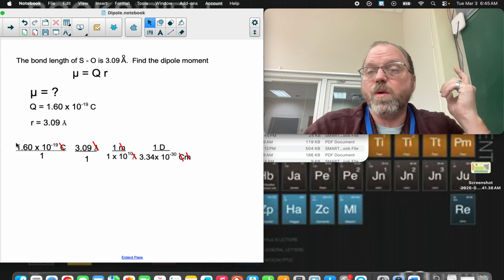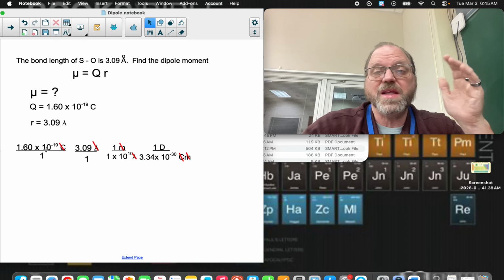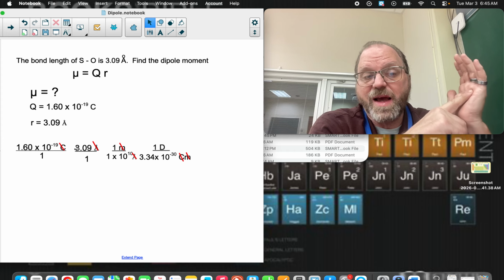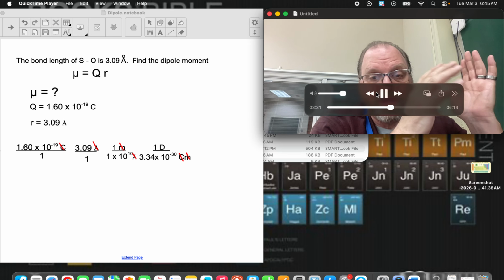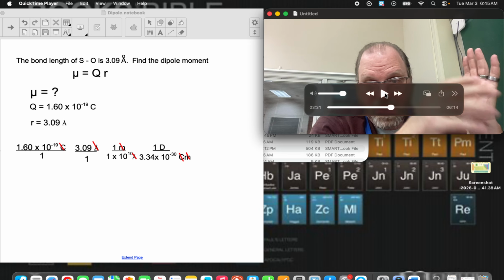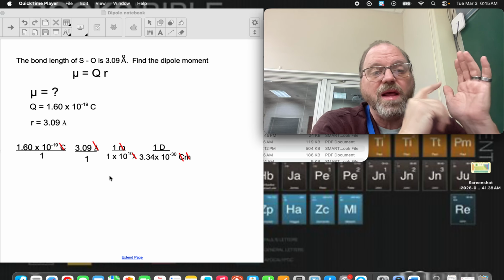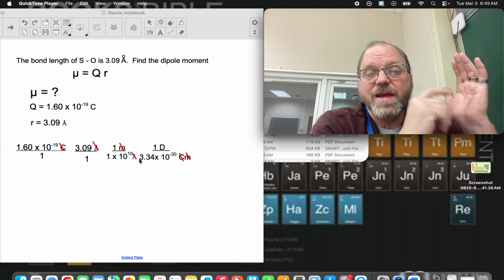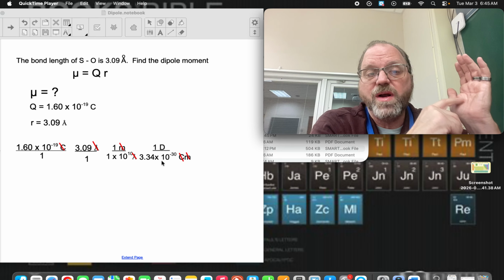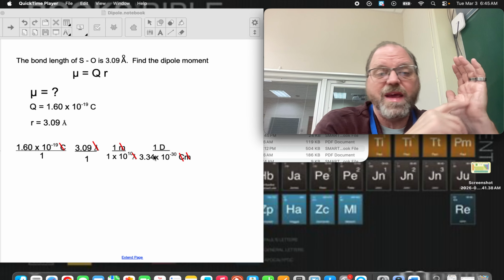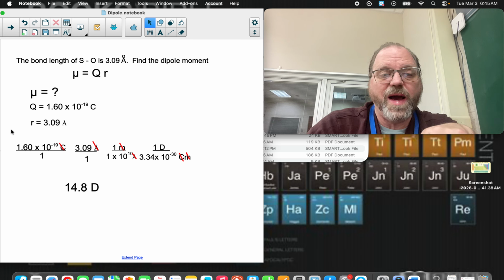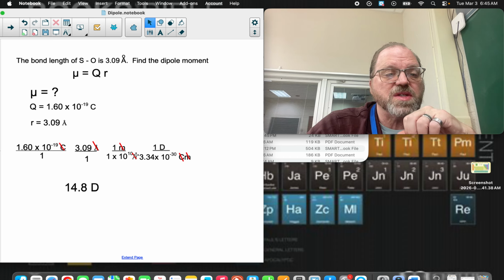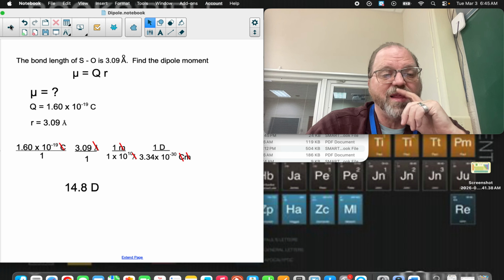Multiply through in your calculator: 1.60 EE negative 19 times 3.09, we don't have to multiply by 1, so don't do the times there. Divide by 1 EE 10, divide by 3.34 EE negative 30. We get 3 sig figs from the 3.09, the rest of these are constants, so that's our sig figs. 14.8 Debyes, that's our answer.